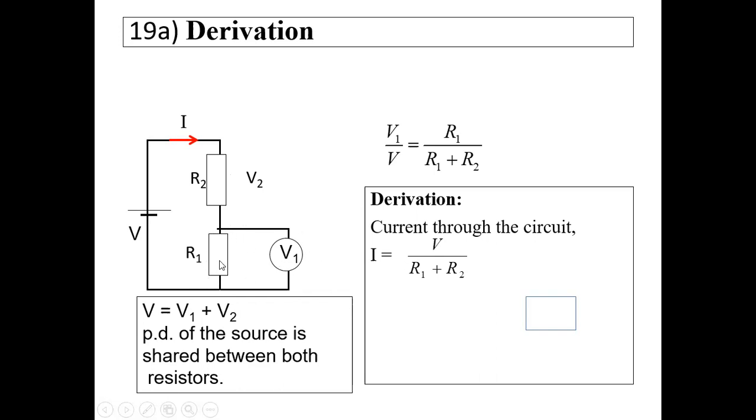V1 is the potential difference across R1, which equals that current I times your R1. Then we replace that I, take it down here, R1 times that. So that's why we get this equation.